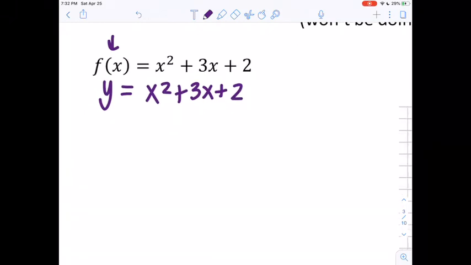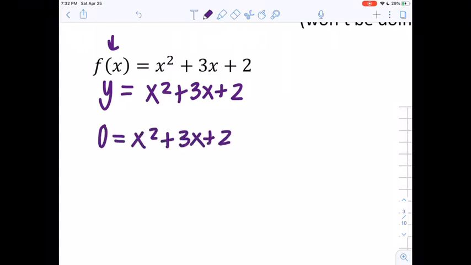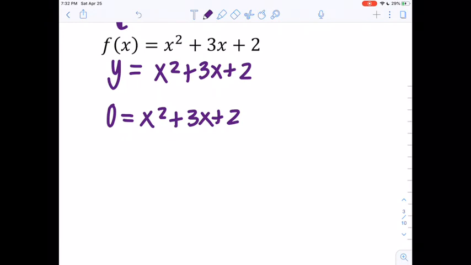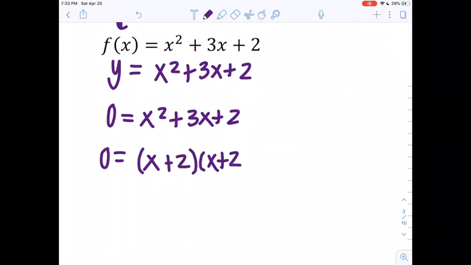And I'm going to set my equation equal to 0. So I'm going to make y equal to 0 to find my x-intercepts. So hopefully this kind of looks familiar. You have this equal to 0, and I'm going to solve this by factoring. So I'm going to get x plus 2 and x plus 1.